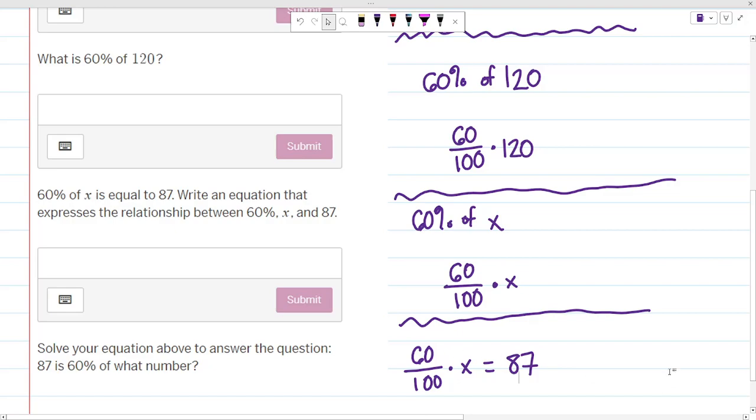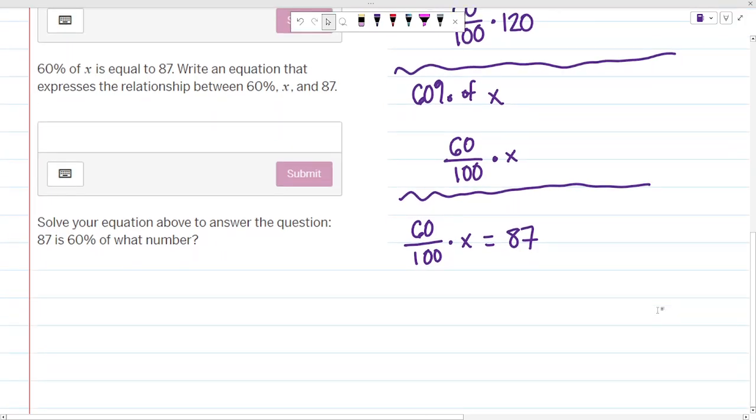And for the next part, we want to actually solve the equation. So if we saw this just as its own equation, what would we do in a similar problem? Well, since the coefficient on x is 60 over 100, we would divide both sides by that coefficient. So let's divide both sides by 60 over 100.